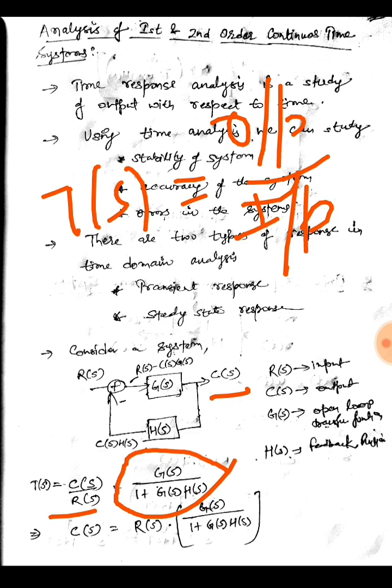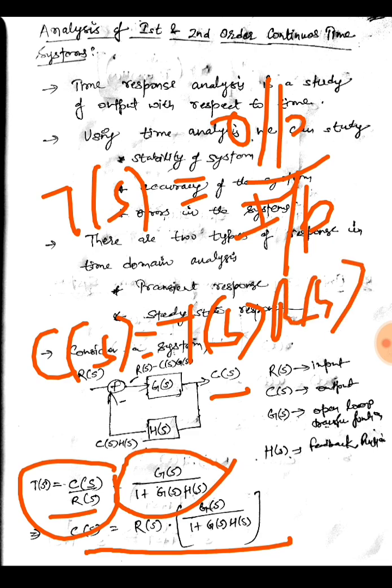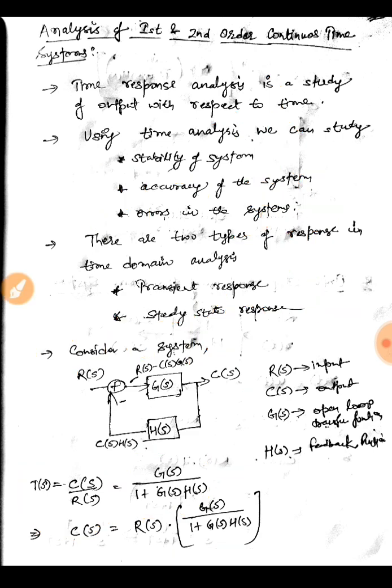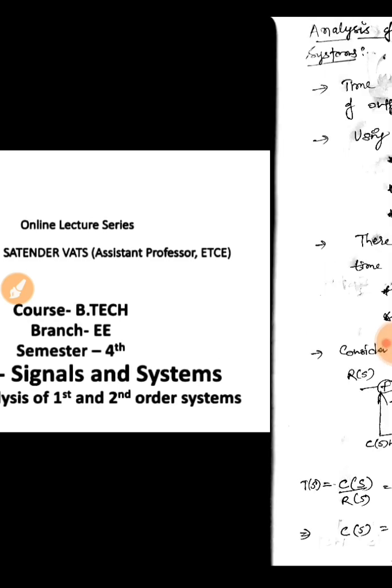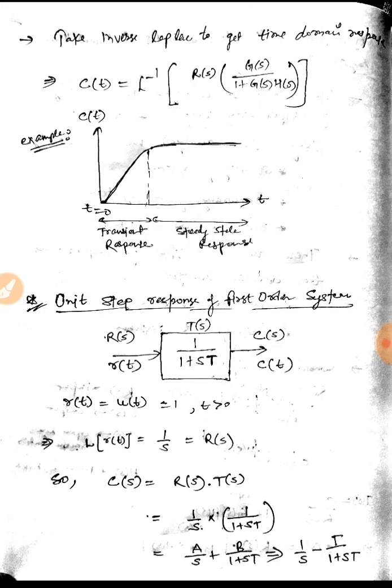So C(s) now becomes, if I put the value of T(s) in this equation, C(s) is equal to T(s), the transfer function, into the input function R(s). So it becomes C(s) is R(s) multiplied by G(s) upon 1 plus G(s)H(s).